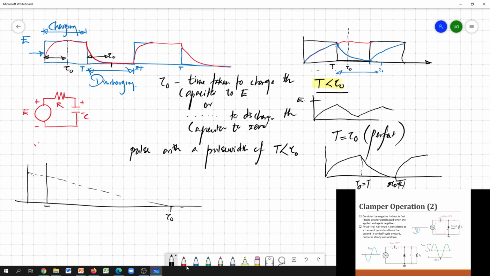If your switching period is like this, during this period the initial voltage drops by a very negligible amount, because it takes tau naught, a fairly large time, to make the voltage zero.